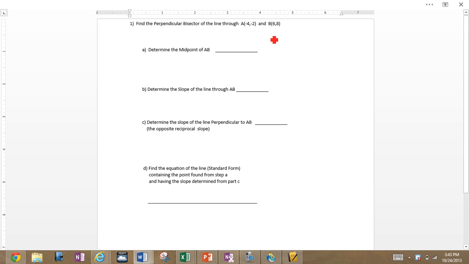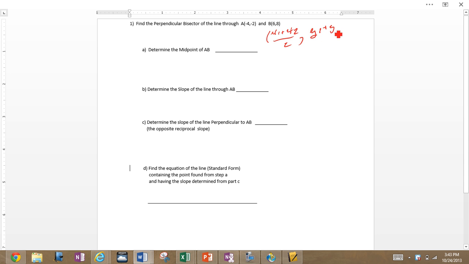I've determined the midpoint. Now remember the midpoint formula: x1 plus x2 over 2, comma, y1 plus y2 over 2. That's a simple formula.